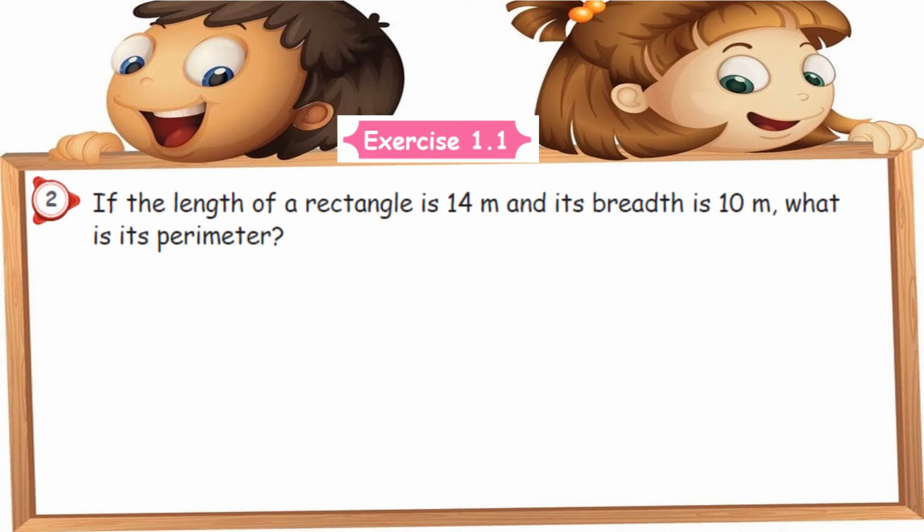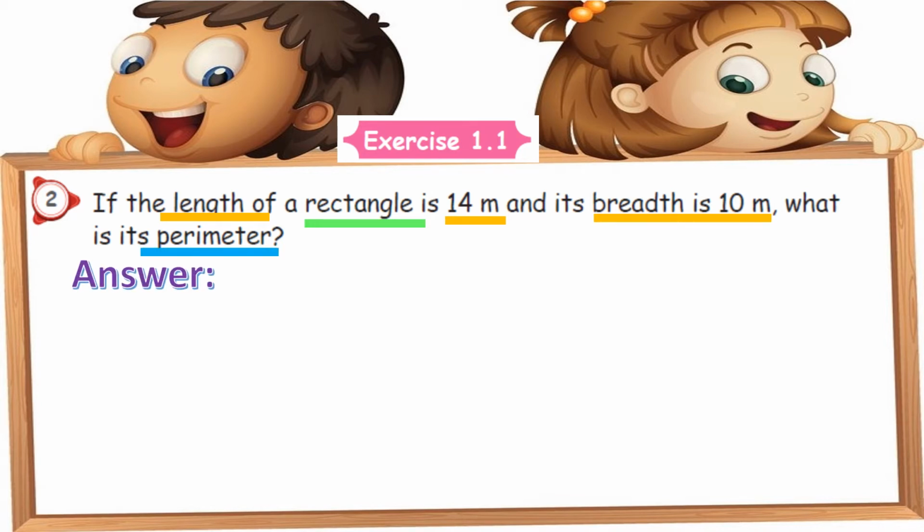Second sum. If the length of a rectangle is 14 meter and its breadth is 10 meter, what is its perimeter? They have given us a rectangle, with breadth 10 meter and length 14 meter. As usual we need to find the perimeter.